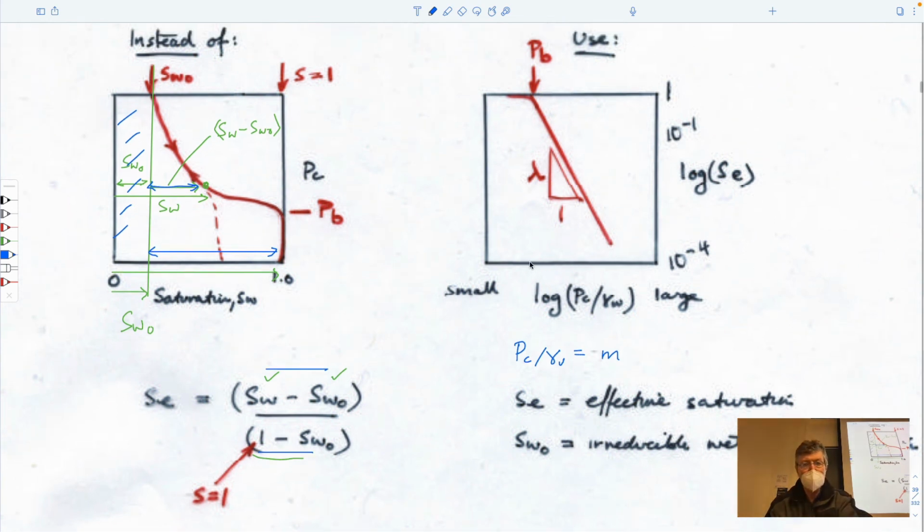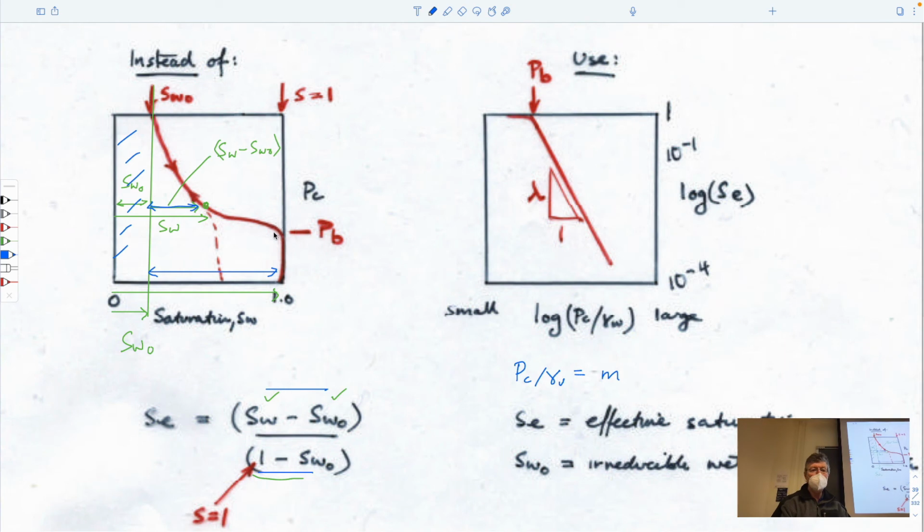And it becomes a straight line because it intersects at the value. This is the saturation of 1. This saturation of 1 is actually this point here. And the rest of this curve is just the straight line.